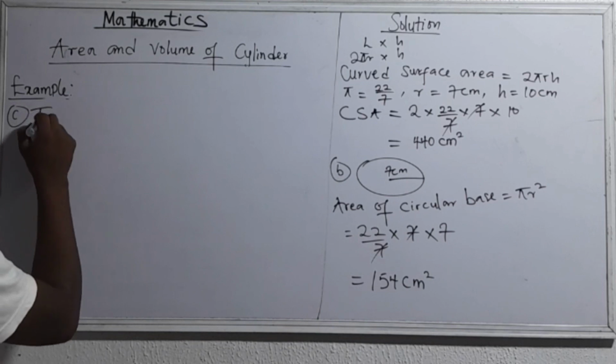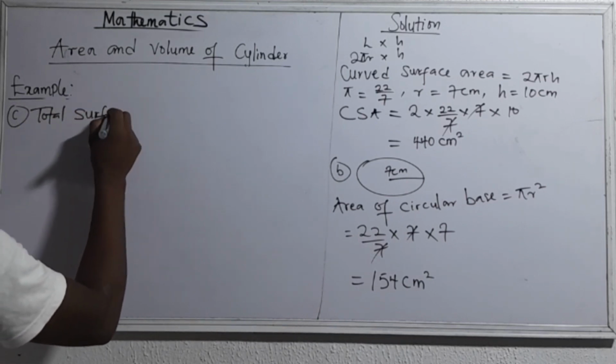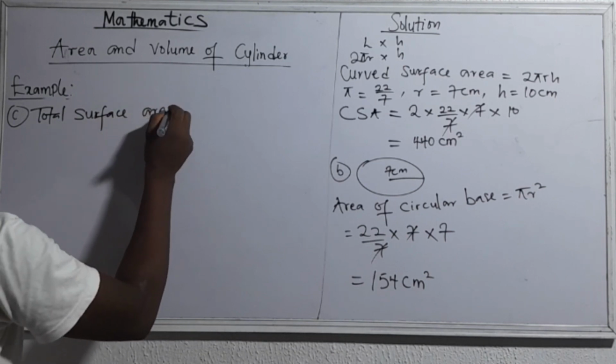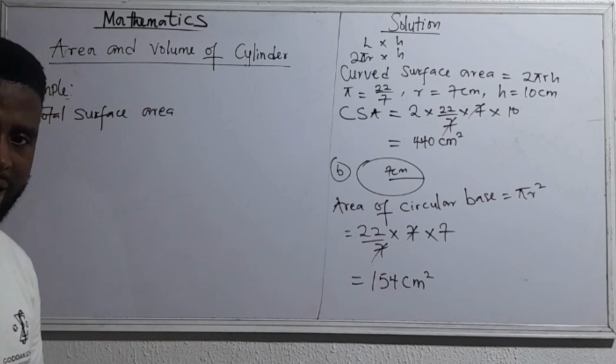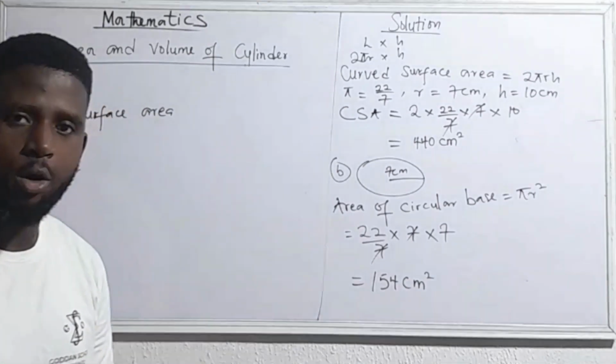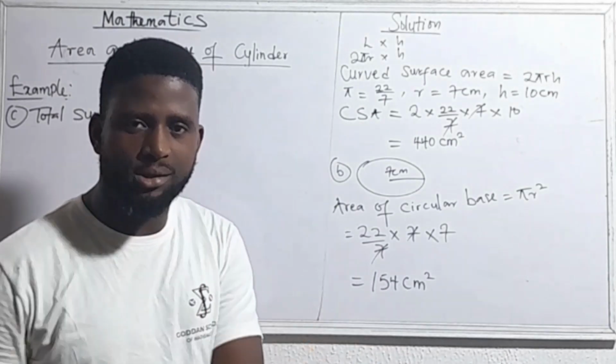C, total surface area. Now, like I said, the total surface area is the addition of the area of all the 3 parts that make up the cylinder.